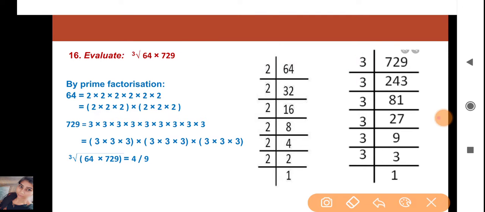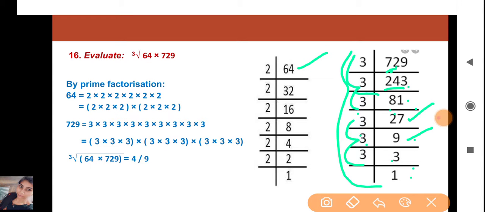So now let us see for this 729. 3 3s are 9, 3 4s are 12, and 3 3s are 9. Again 3 8s are 24, 3 1s are 3, 3 2s are 6, 3 7s are 27, 3 9s are 27, 3 3s are 9, 3 1s are 3. Now the factors are 3 into 3 into 3 and 3 into 3 into 3. So 1 pair and 2 pair.